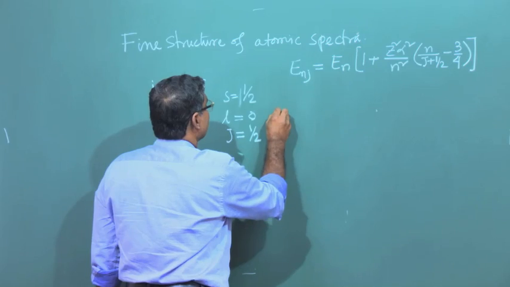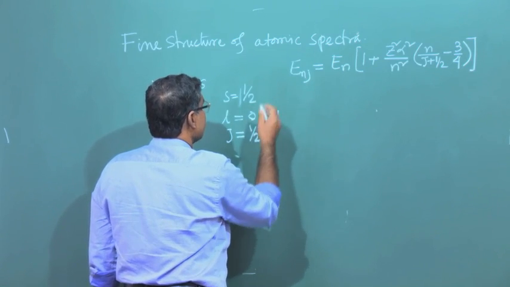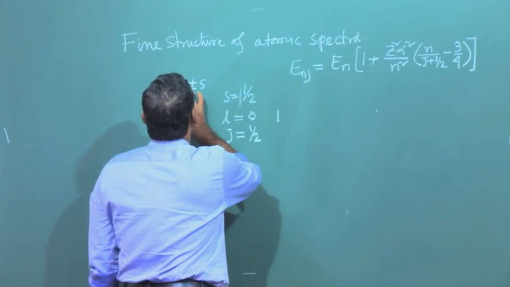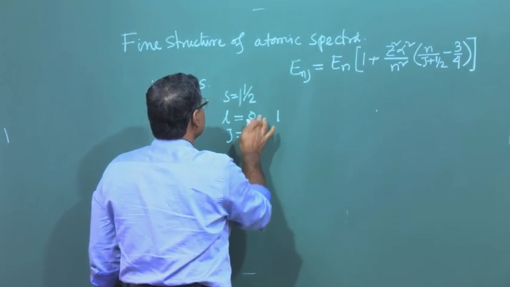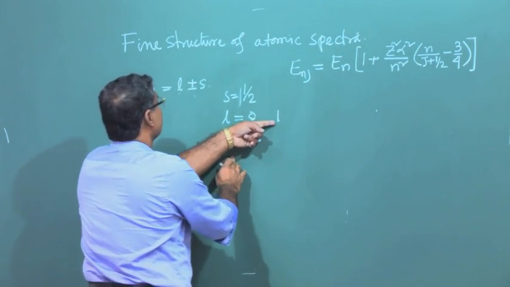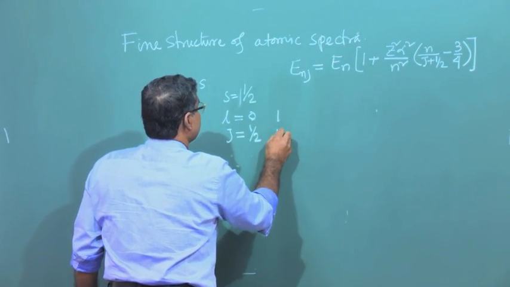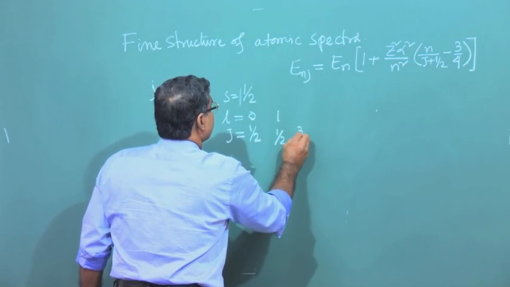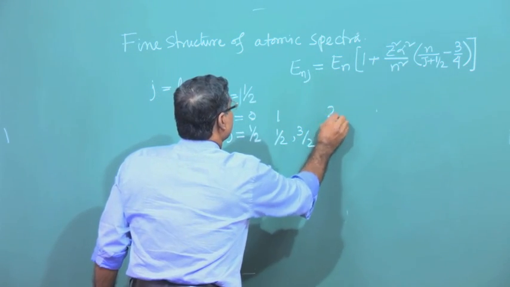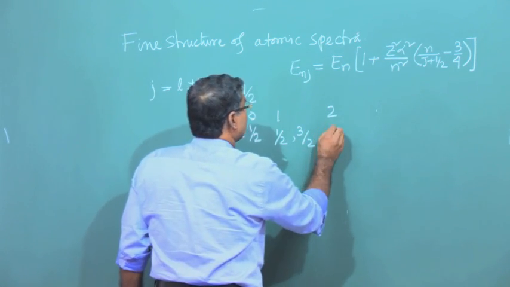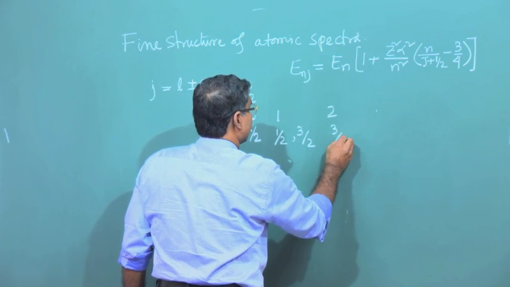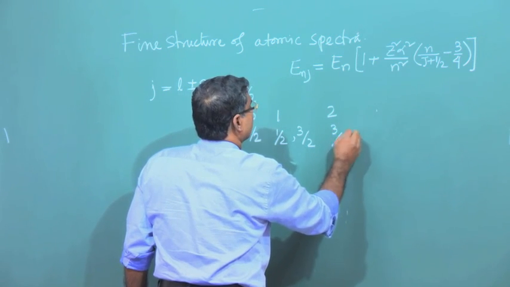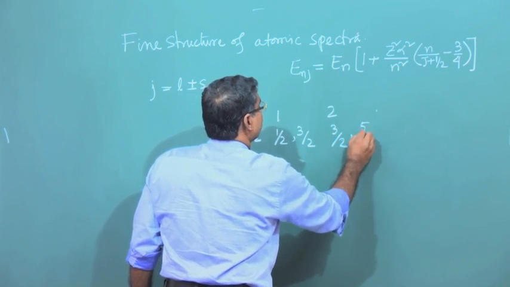For L equal to 1, J will be L plus minus half, so J will be half or 3 by 2. For L equal to 2 it will be 3 by 2 or 5 by 2.